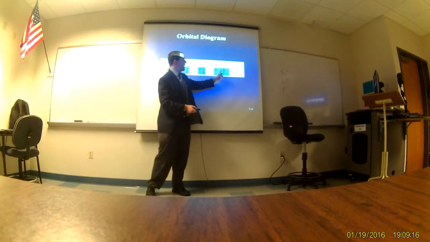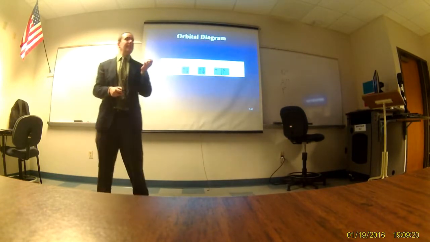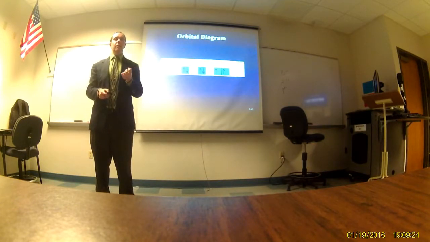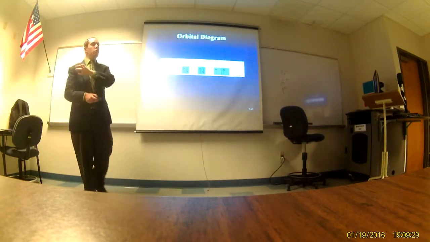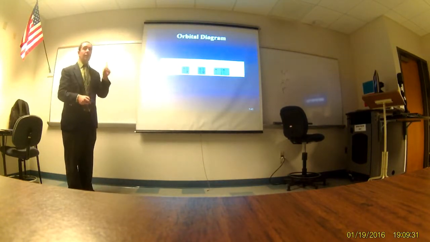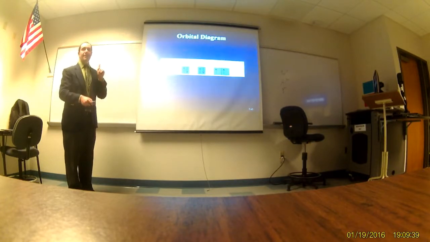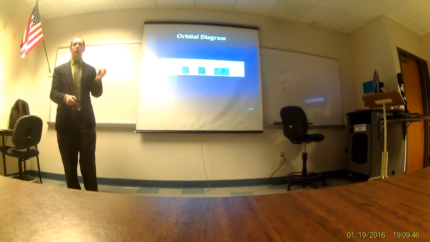So a p gets 3 boxes. How many electrons are in a d? 10. So how many boxes do you think a d is going to get? 5. Always. No exceptions. Even if some of them are empty. You don't know why the electrons are where they are yet, but that box is empty. There are no electrons in that box, but because it's part of a P, you have to draw the empty box.